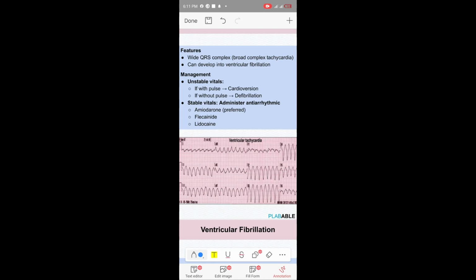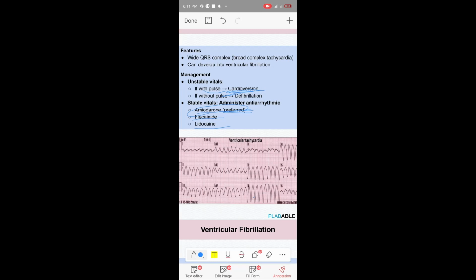Here you cannot appreciate a QRS complex, so the patient is having no pulse. If the patient is having a pulse and is unstable, that means the BP is low, is cold clammy, then you need to go for cardioversion. For defibrillation, you use the term only for VFib and pulseless VT. If it's stable, then you can go for amiodarone. Always choose amiodarone. That is preferred. Other things, you can go for flecainide as well as lidocaine.